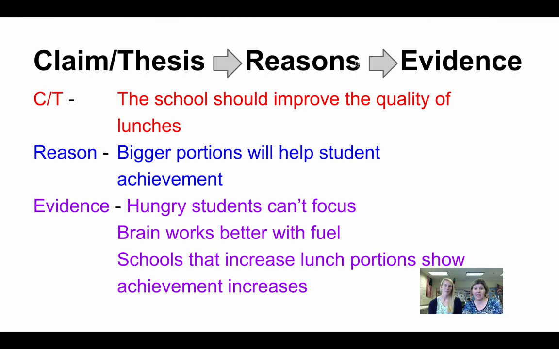Then you would have a second paragraph with a separate reason, something like, in addition to bigger portions, the food should be healthier. And then you might have a third body paragraph that would talk about the length of lunch needing to be longer because students need more time to eat. All 3 of those reasons then support the claim with their evidence that the school should improve the quality of lunches.